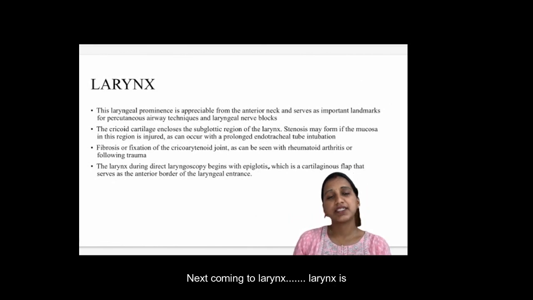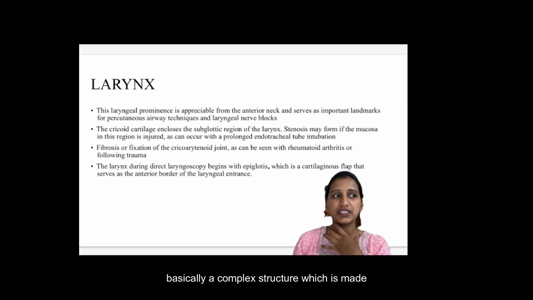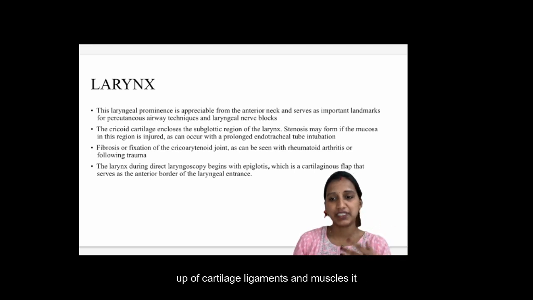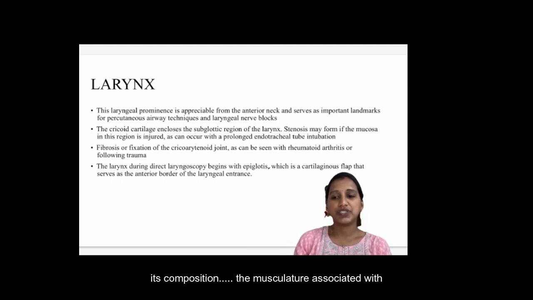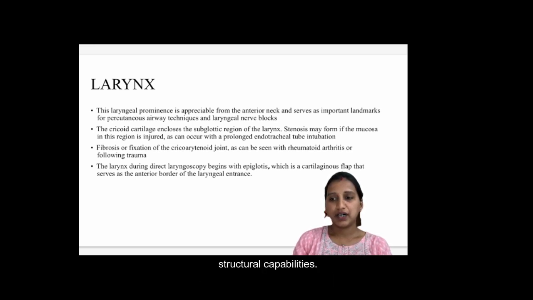Next, coming to larynx. Larynx is basically a complex structure which is made up of cartilage, ligaments, and muscles. It serves as an entry to the trachea, and basically its function is airway protection and phonation. The anatomical position is important, its composition, the musculature associated with it, and the innervation of the larynx, which all contribute to the anatomical structural capabilities.